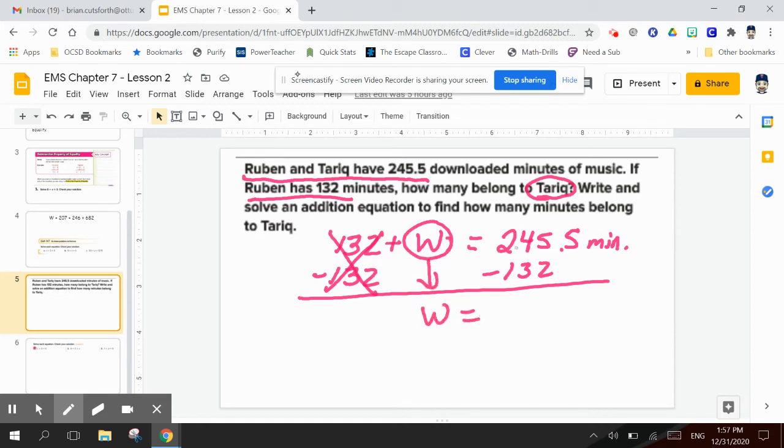And then I subtract 245.5 minus 132 is 5, decimal, decimal, decimal. 5 minus 2 is 3. 4 minus 3 is 1. 2 minus 1 is 1. So Tariq, which is W, has 113.5 minutes.